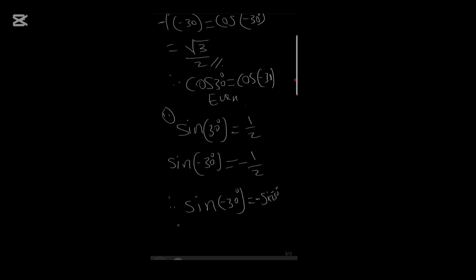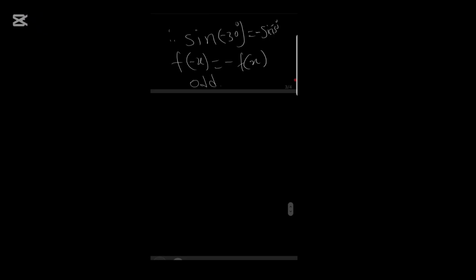Do we understand? Which means whenever you input a negative number, it will just take the negative outside, which is similar to f of minus x equals minus f of x, and that is why we call it what? Odd function.